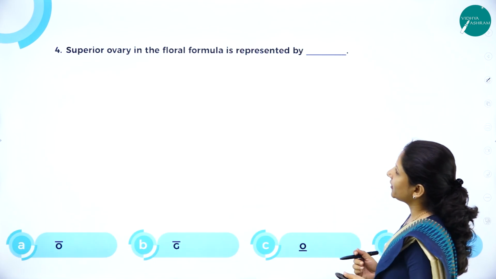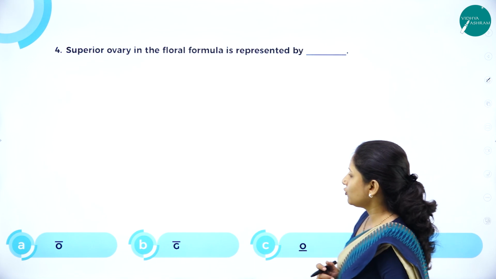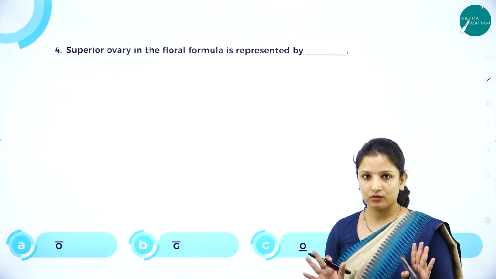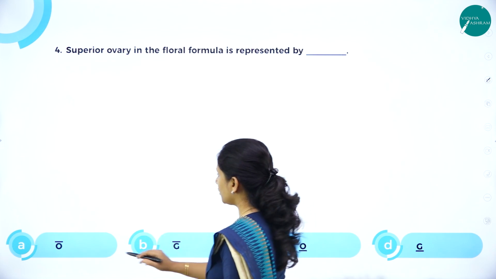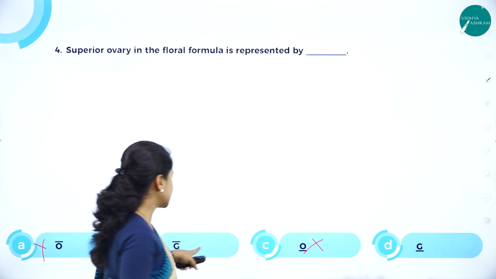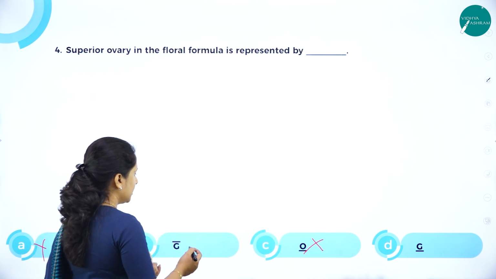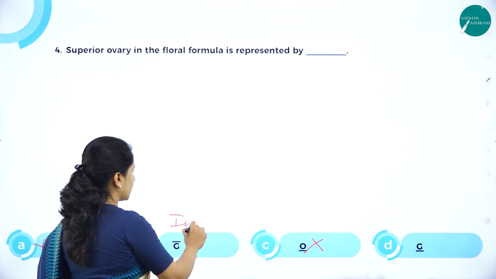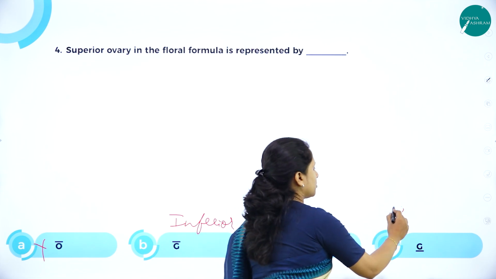Next question. Superior ovary in the floral formula is represented by O. No, we never use O as a symbol to represent the gynoecium. It is not used, so this is wrong. This also you can eliminate. Remaining are options B and D. This is inferior ovary, and this is superior ovary.